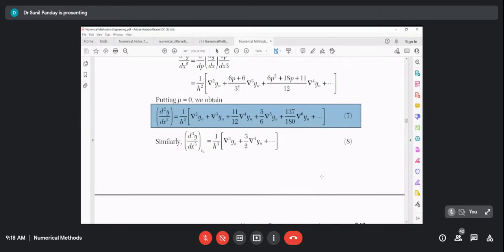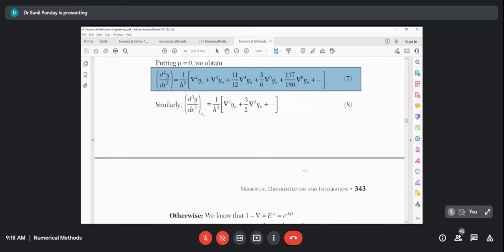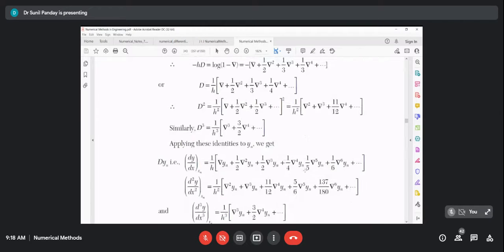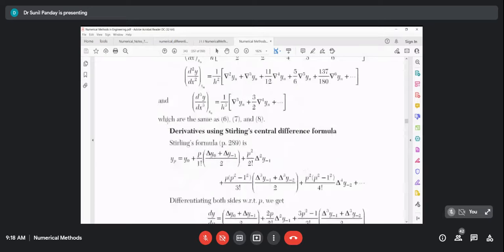Sometimes the derivative is required in the middle of the table. For the middle of the table, we will use our Stirling formula. If you remember, this Stirling interpolation formula is the average of the Gauss forward interpolation formula and the Gauss backward interpolation formula.